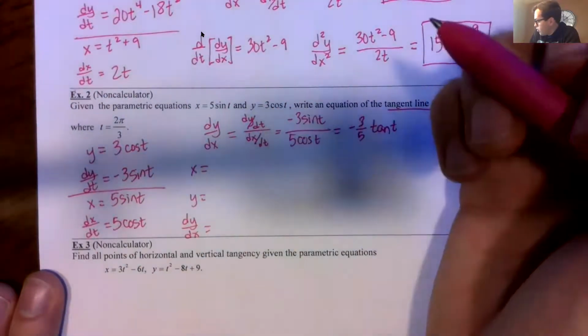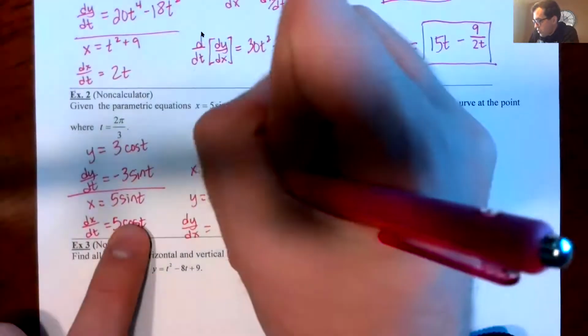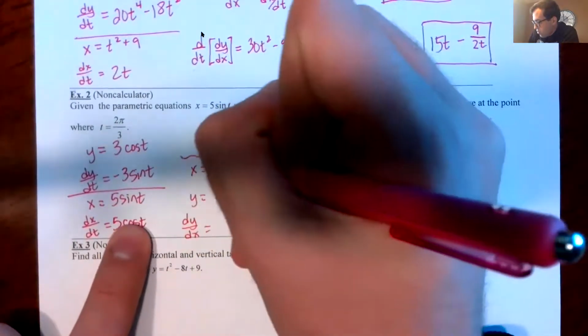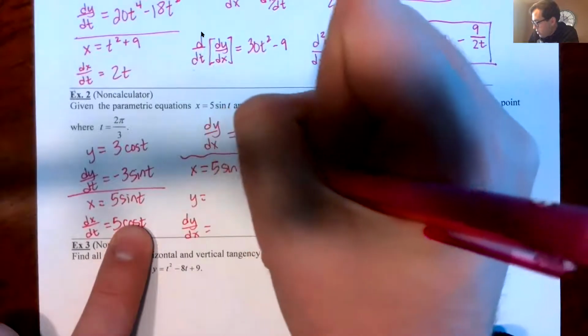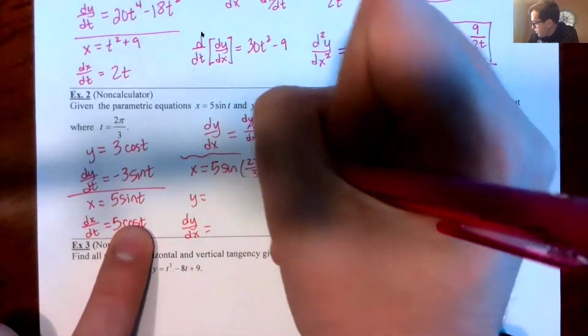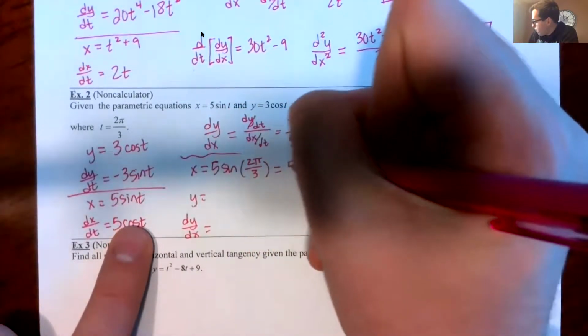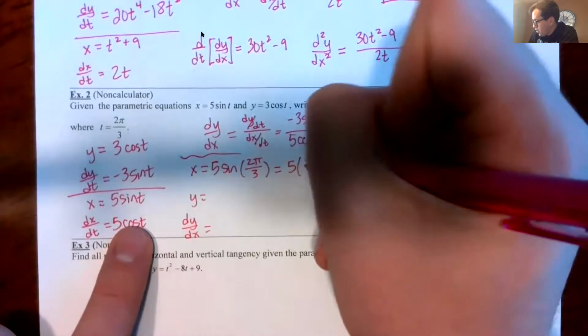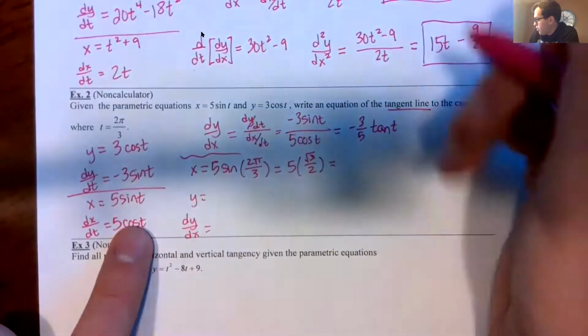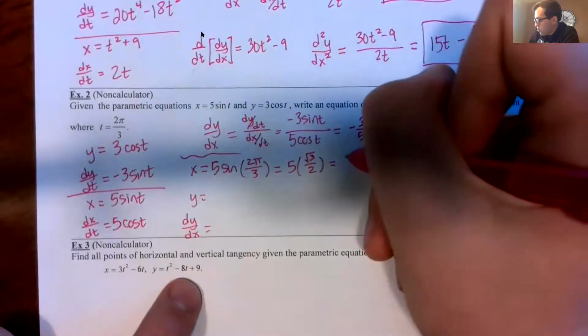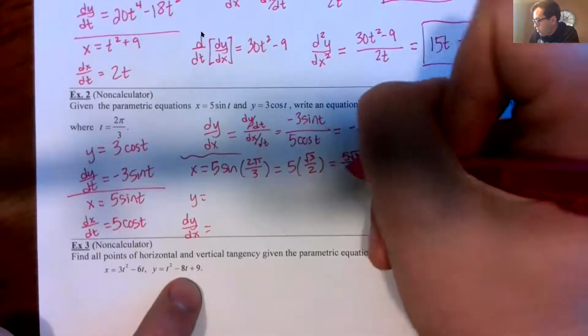So we've got x equals 5 sine of 2 pi over 3, which is 5 times root 3 over 2. That's going to test your memory of your unit circle. So we've got 5 root 3 over 2.